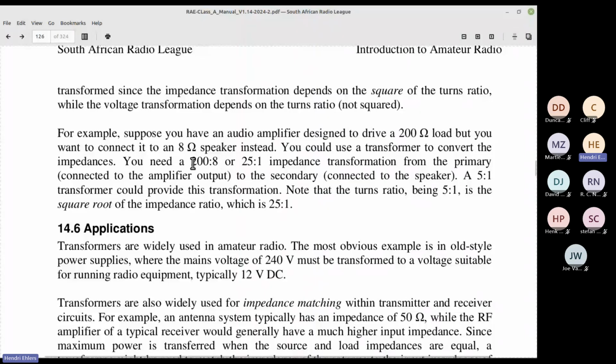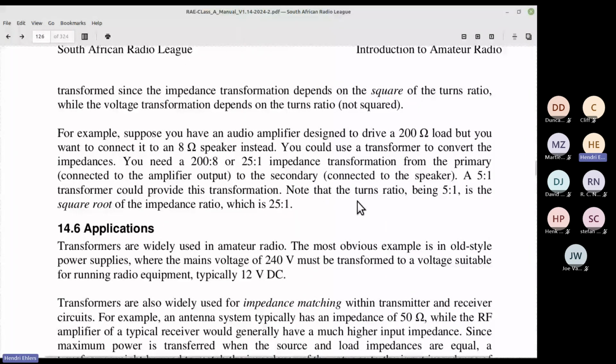You need a 200 by 8, or a 25 by 1, impedance transformer from the primary to the secondary, where the primary is the amplifier side and the secondary is the speaker side. A 5-to-1 transformer would provide this transformation.